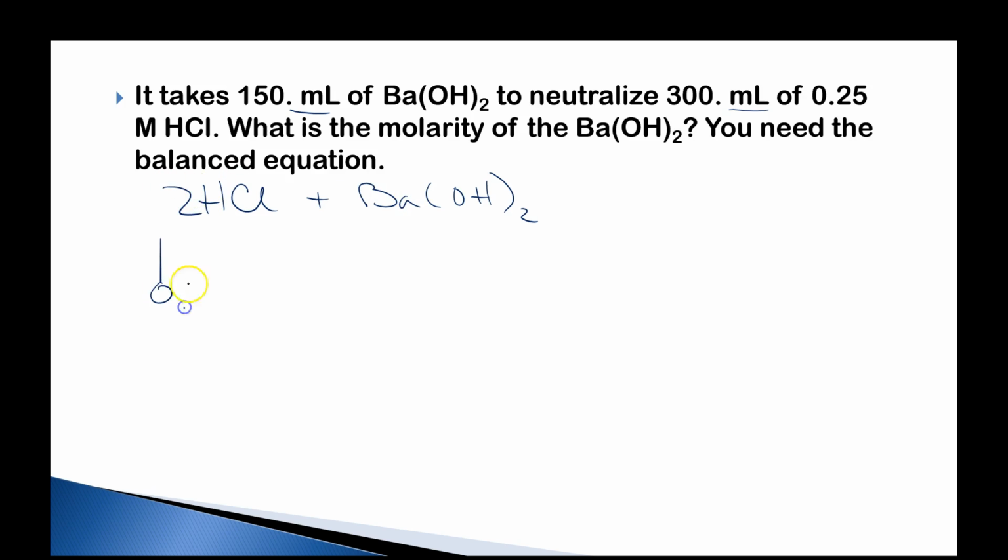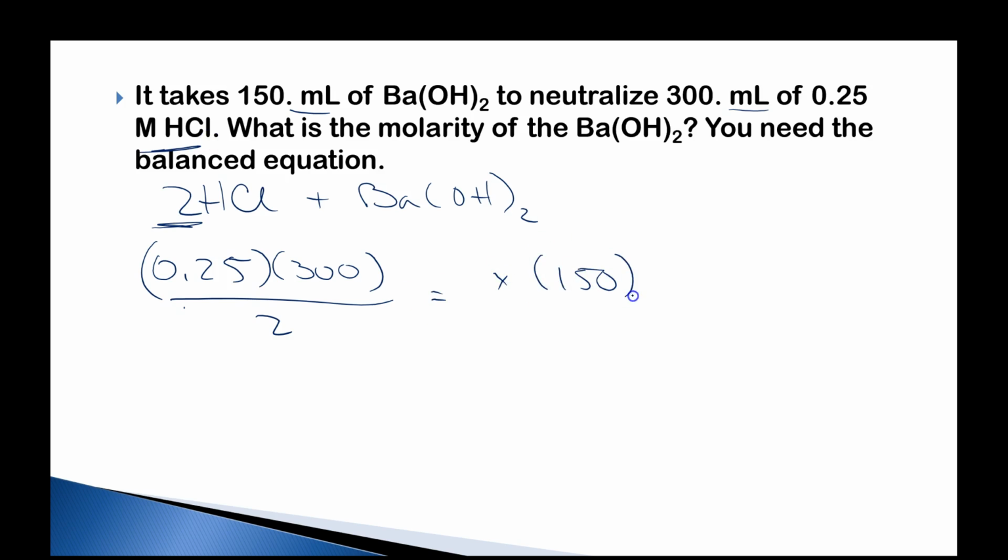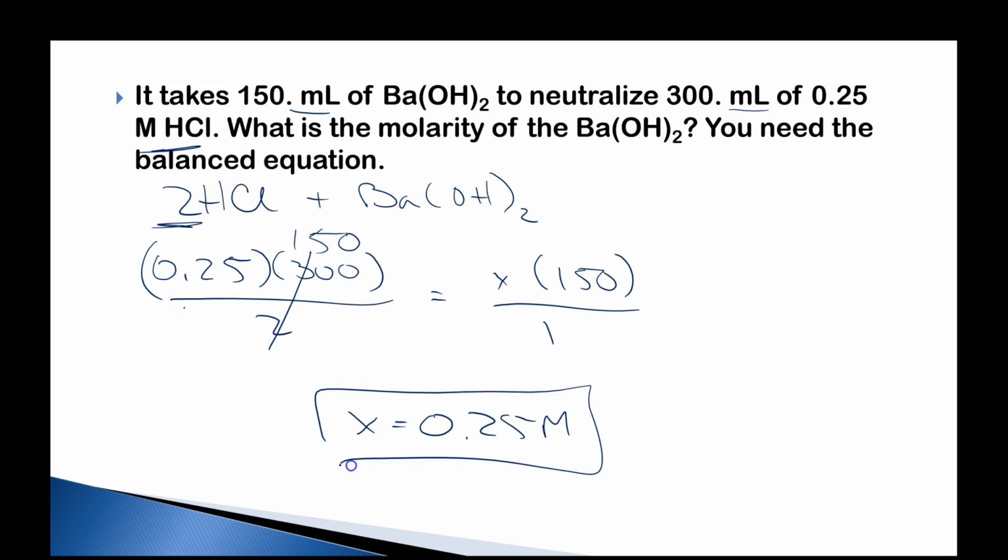So I'm going to use the MAVA equation, 0.25 times 300 over 2, because that's all about the acid, equals x times 150 over 1. This crosses out to 150. X is 0.25 molarity.